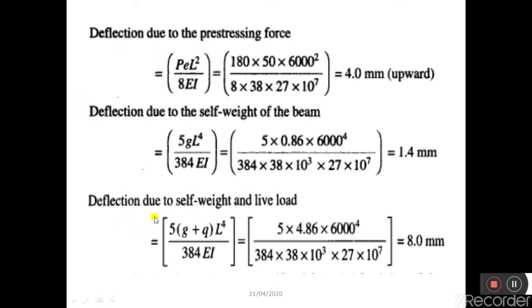So the deflection due to self weight and live load is equal to 8 millimeter. This deflection will be in downward direction, as live load and dead load will always be acting in downward direction. So when we calculate the deflection due to self weight and live load together, we can skip the separate calculation of deflection due to self weight.